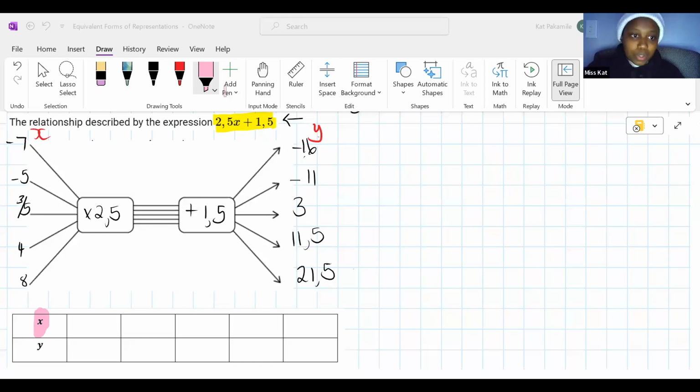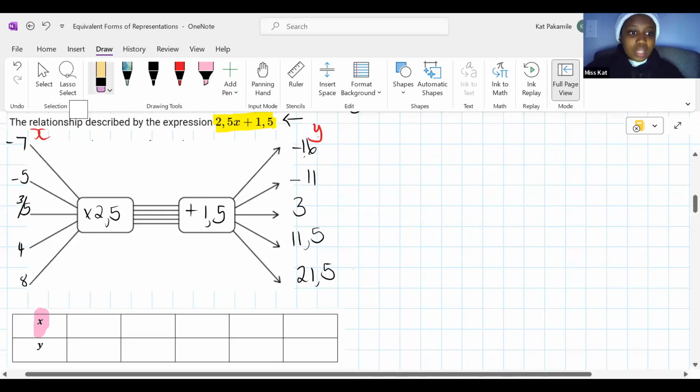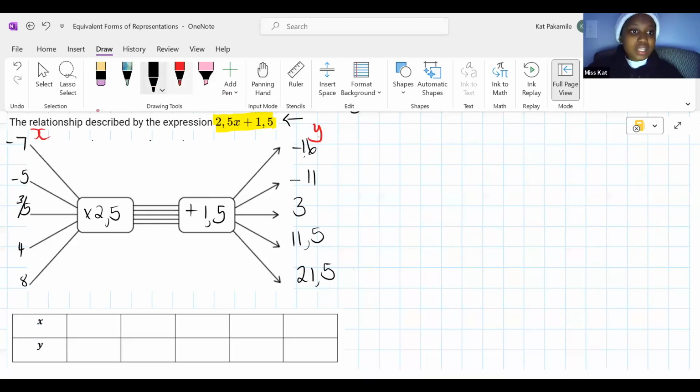X is our input. Okay, so if X is our input, that means we have to fill in the numbers that are on the left. See, it says it there. X, this is our input. And that means in the row that says Y, we have to fill in output. Okay, so then let's fill them in.